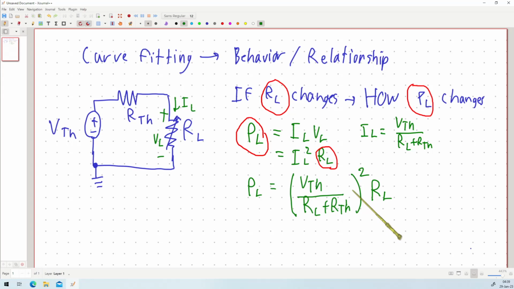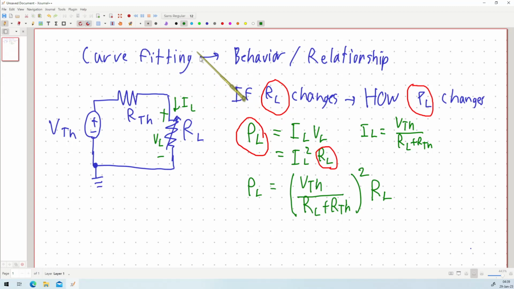Then another category is the changing variables. So RL is changing, PL is changing. We may also name the constant variables our parameters. Here we have a function that has two parameters, VTH and RTH. And then maybe three parameters, where the third parameter is RL, but RL is the one we would like to know.